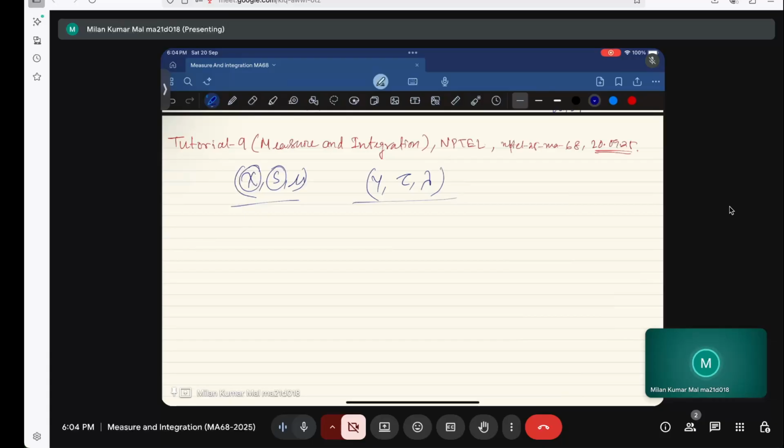Now, our target is to define a collection of new measurable sets on the product set X cross Y, the Cartesian product of X and Y. First, we want to define the collection of measurable sets, and next we want to define a suitable measure on those sets. Another fact is that those two have to be compatible with the already existing things, X, S, mu and Y, tau, lambda.